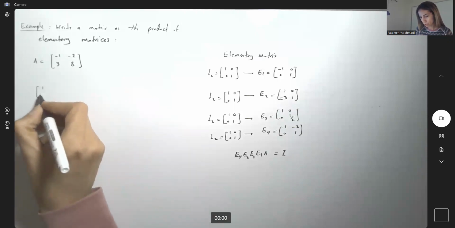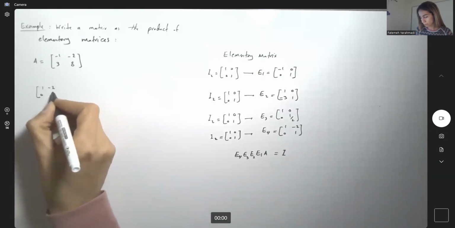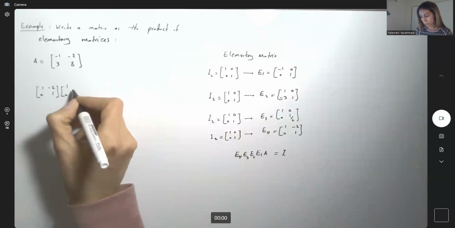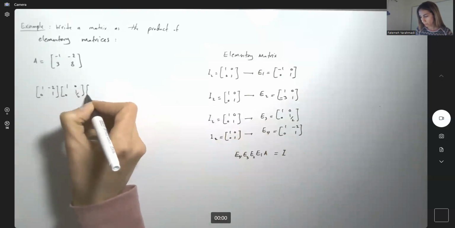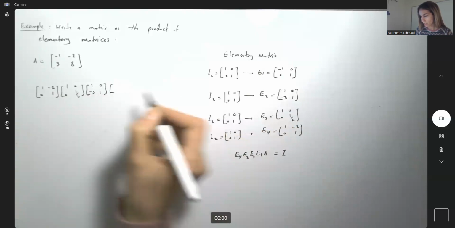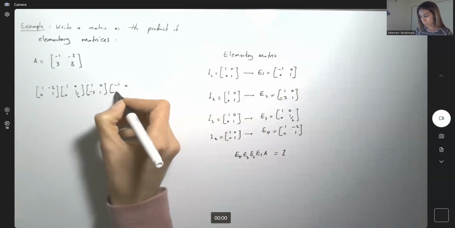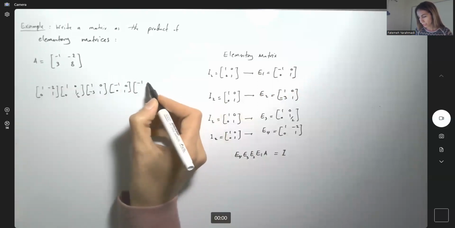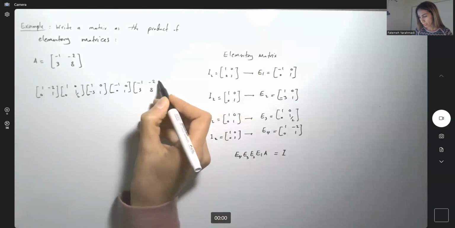E4 is 1, 0, -2, and 1. E3 is 1, 0, 0, and a half. E2 is 1, 0, -3, 1. E1 is -1, 0, 0, 1, multiplied by matrix A, -1, -2, 3, and 8.